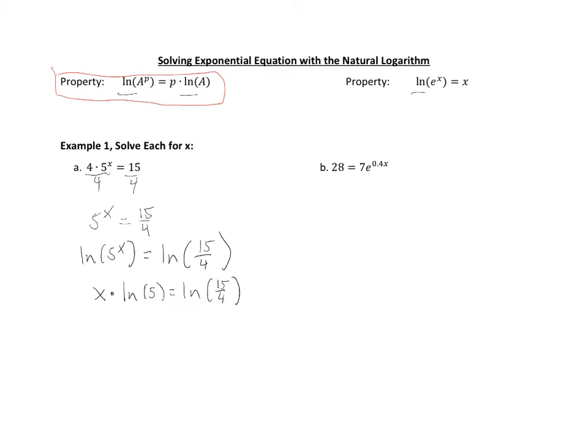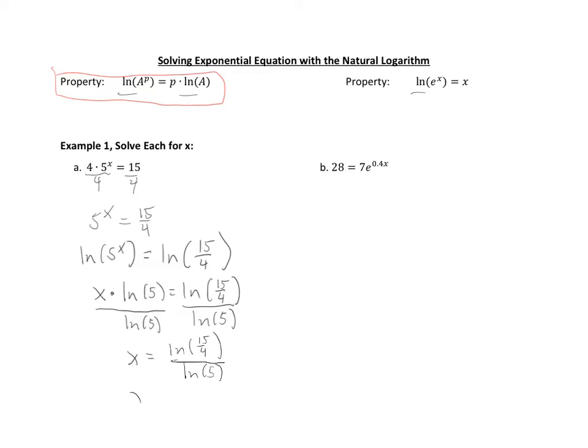And then we solve multiplication with division. So we're going to divide by the natural log of 5 on each side. And x equals the natural log of 15 over 4 divided by the natural log of 5.